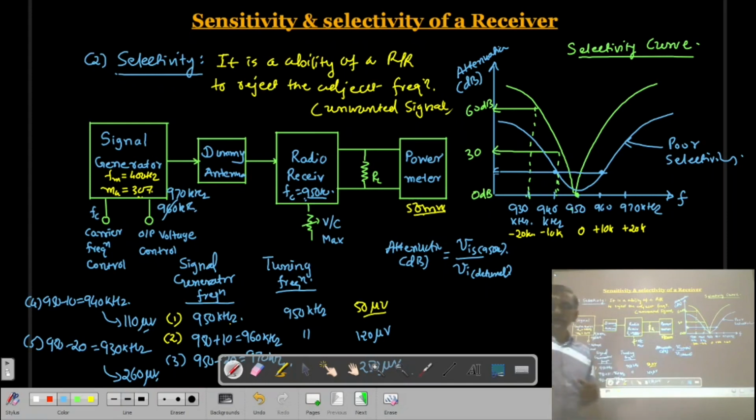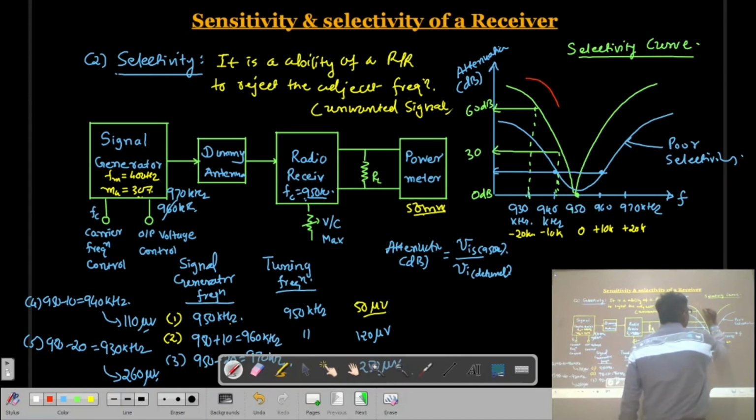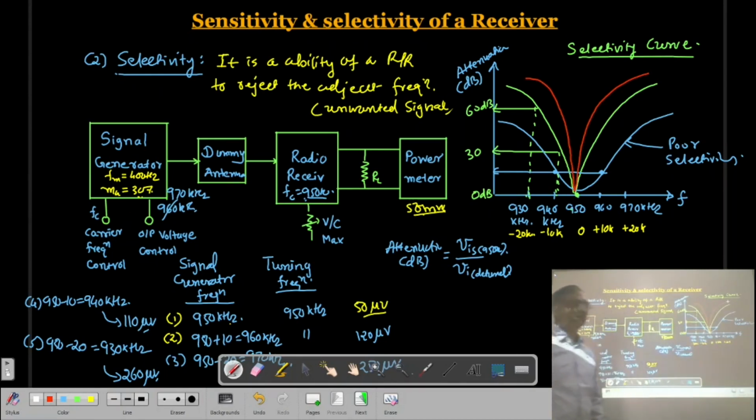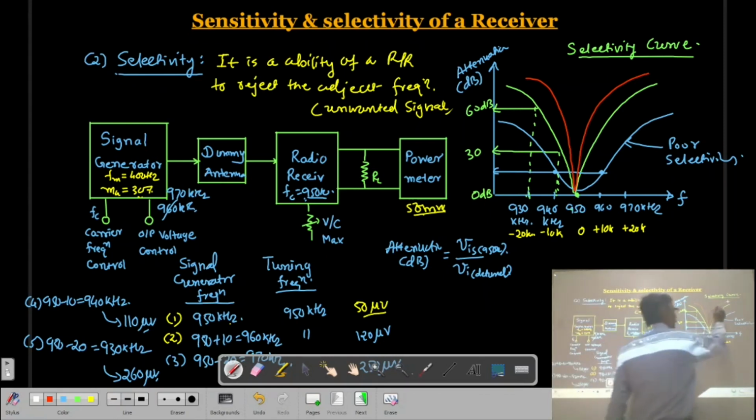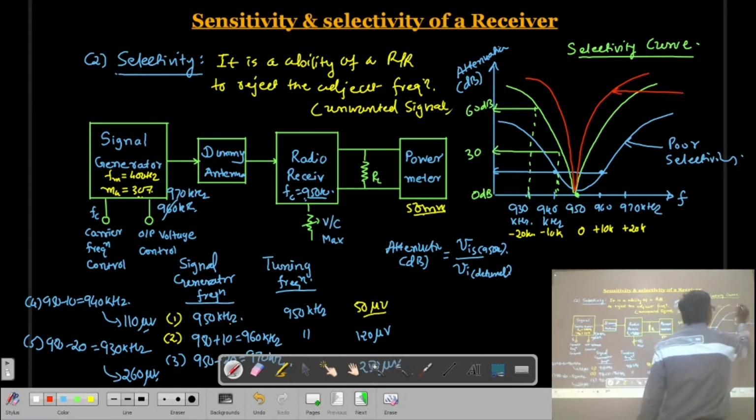Right? So this adjacent signal is able to enter into the radio. If we have the selectivity curve like this, then it is a better one. Better selectivity.